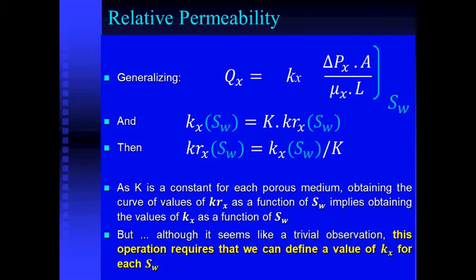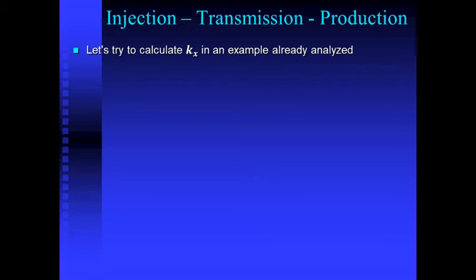What we have done so far is just a mathematical manipulation of Darcy's equation, and what we will do next is a physical interpretation of the phenomenon. To understand what we have said, let's see how we could calculate effective permeabilities in an example that we have already seen.